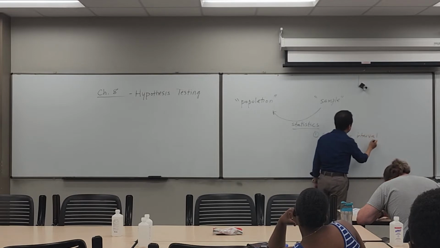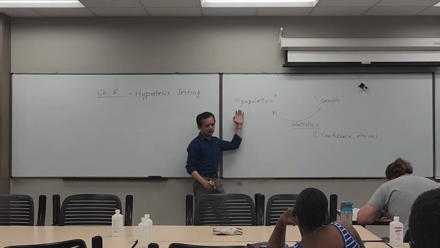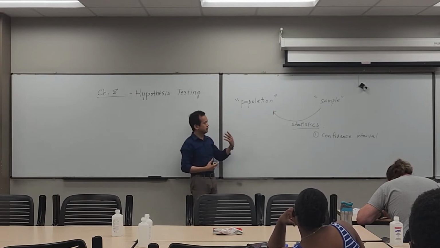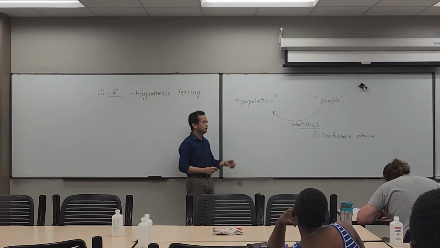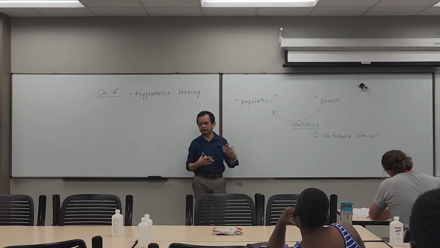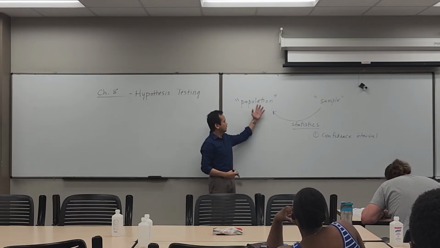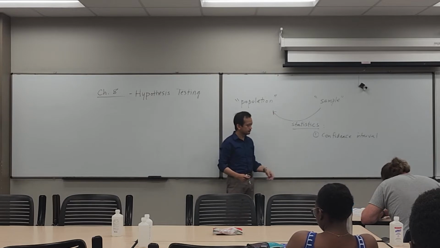So recall that in a confidence interval, we want to know some true number about the population using the sample. An example of that kind of number is the percentage of people who approve of the president, or an average IQ, or an average weight, or a standard deviation. Those are examples of types of numbers that we want to know for the whole population using a sample.